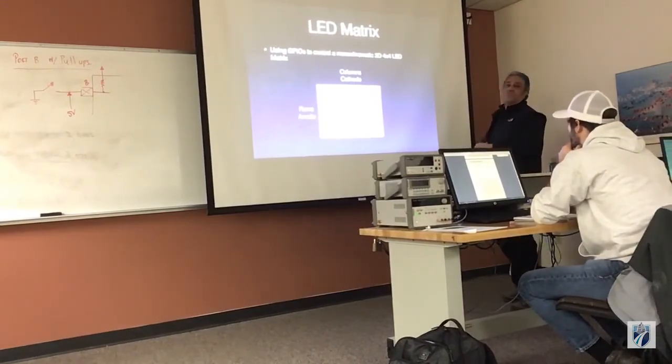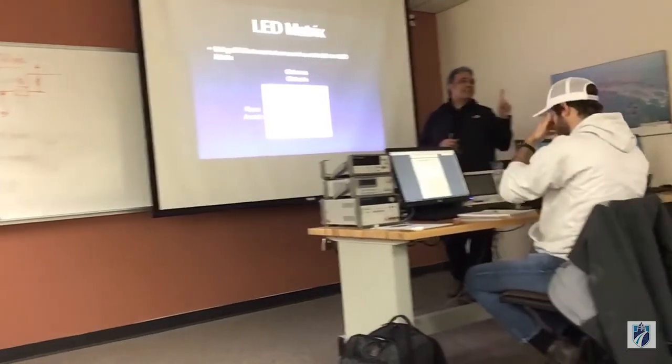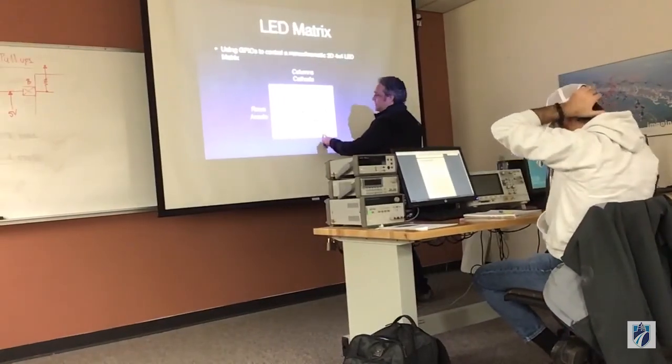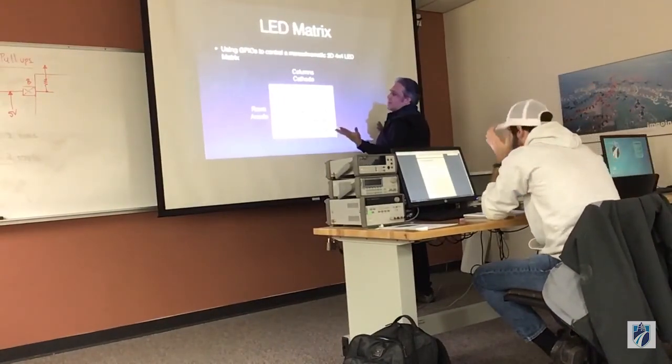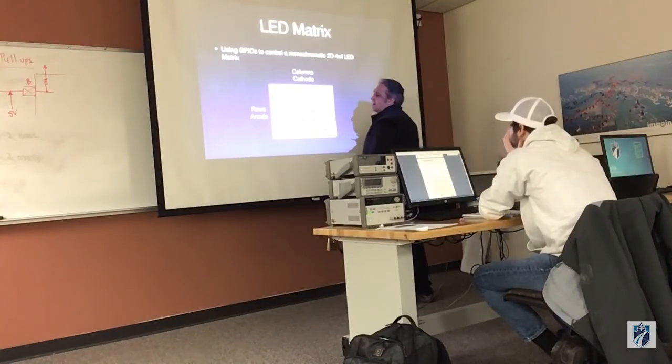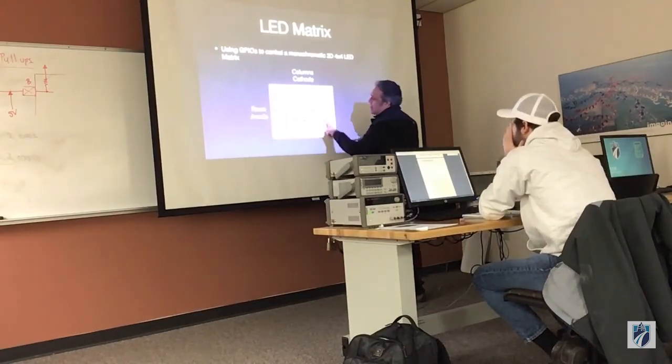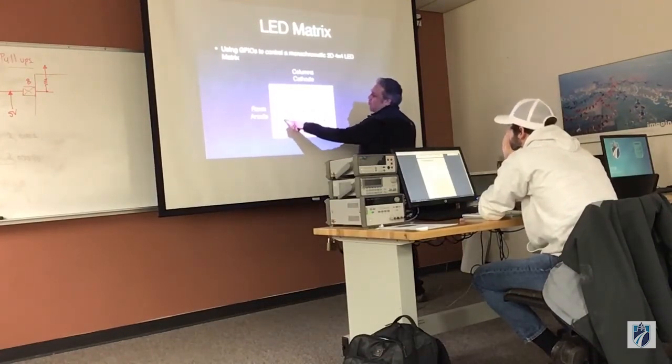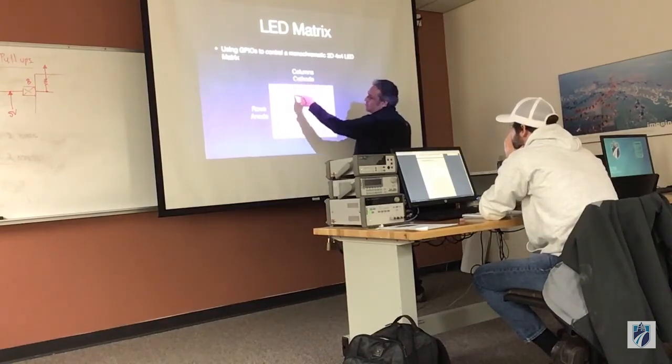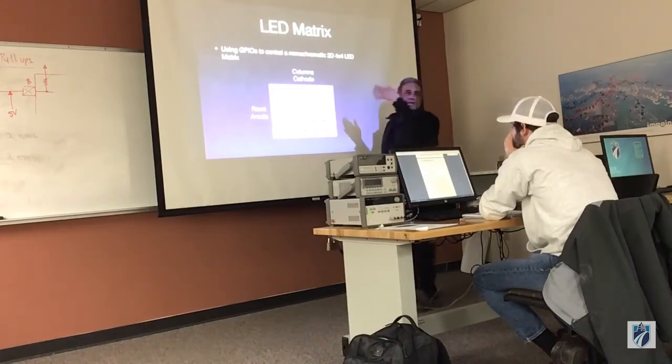Okay, so 4x4, 2 dimensions. Check out how we're going to be connecting these guys. Our rows are going to be our anodes, so you're going to have one wire that goes through all the anodes of every one of the LEDs that belong to that row. And the column is going to have the connection of all the cathodes in that column.